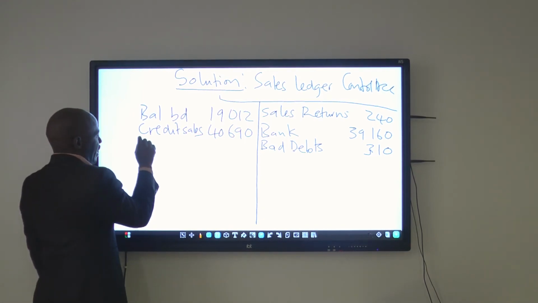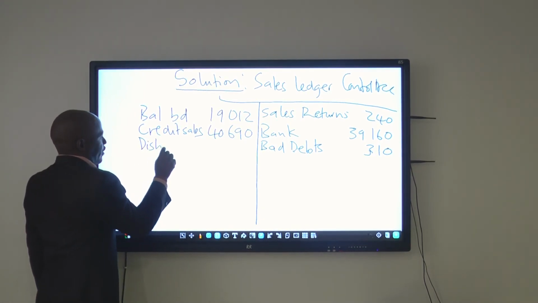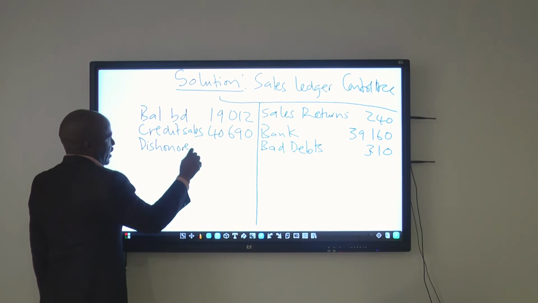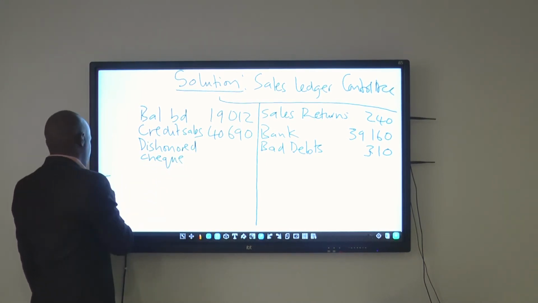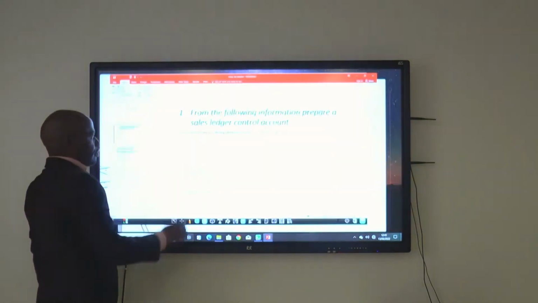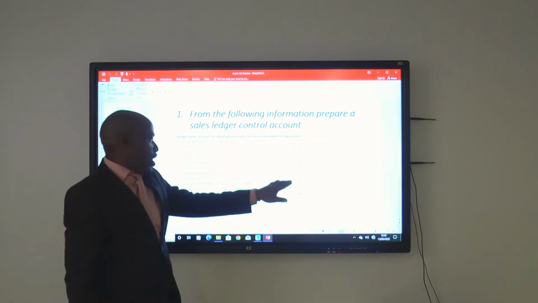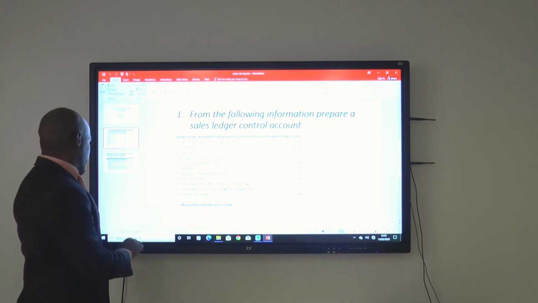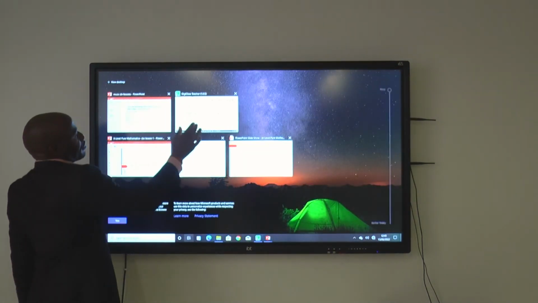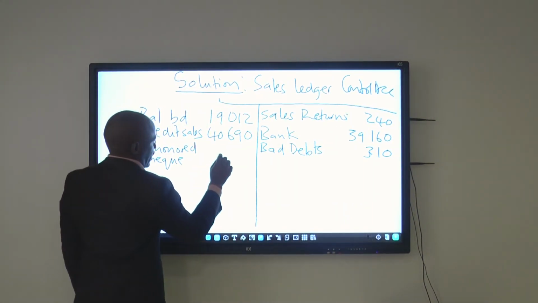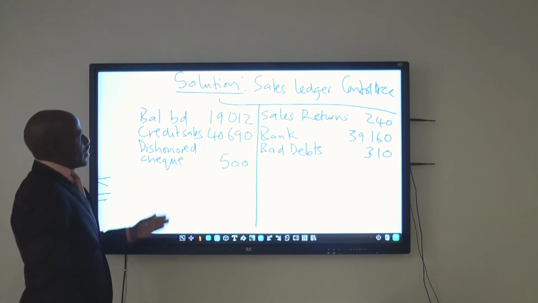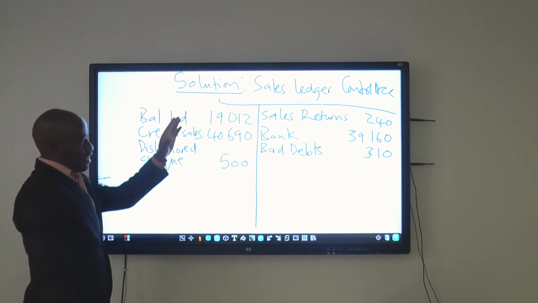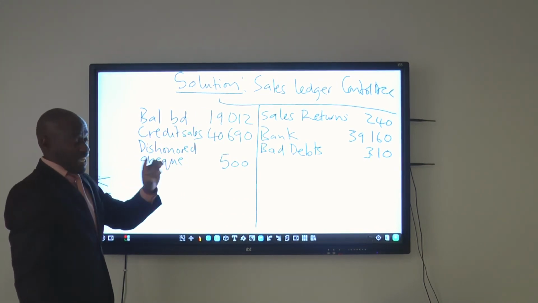So here we have dishonoured cheque, to the amount of about $500. So we've explained why we are debiting the control account with the dishonoured cheque amount.